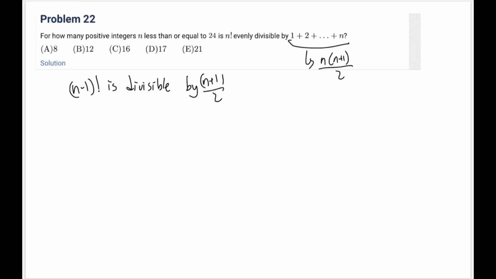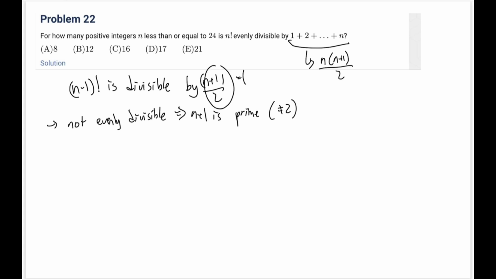So the way that this is not evenly divisible is if n plus 1 is a prime. That's not a 2. Right, because if n plus 1 is 2, then this whole thing would just be 1, and then that would be divisible by 1.